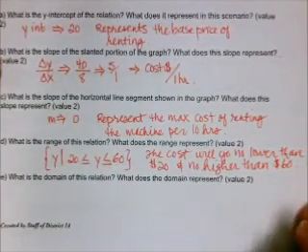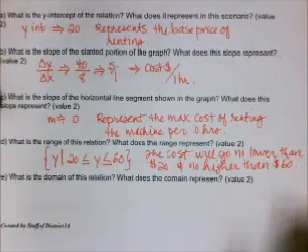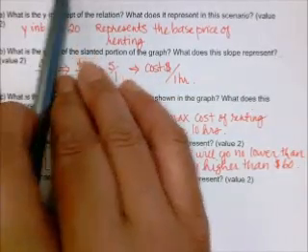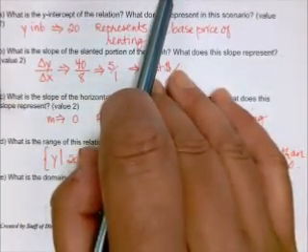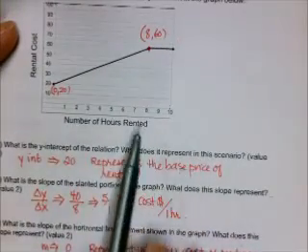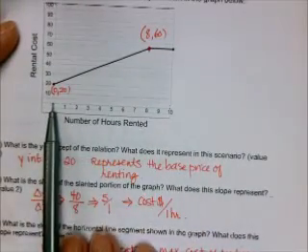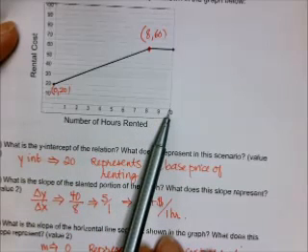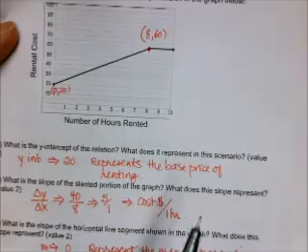Okay? All right, and then finally the domain. So, of course, you can rent it for no hours, so 0 hours up to a max, I'd say, of 10. You must have to bring it back after 10 hours. Let me show you that again, sorry. The lowest you can go is, of course, 0 hours, but then you must have to bring it back at 10 hours. I'm guessing that's considered a full day, and maybe then it starts all over again.